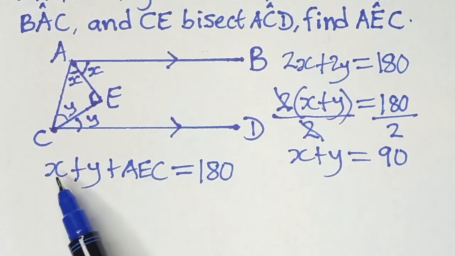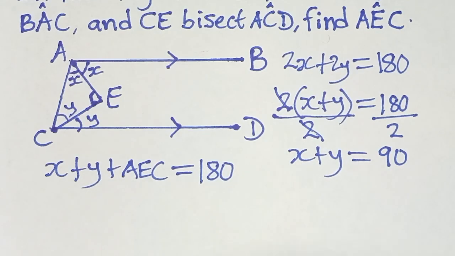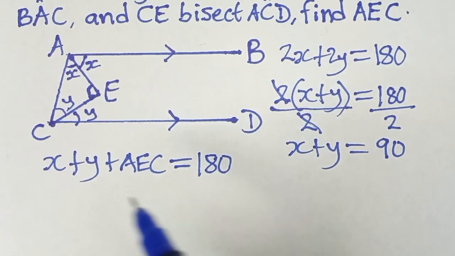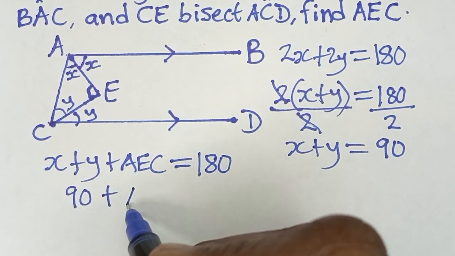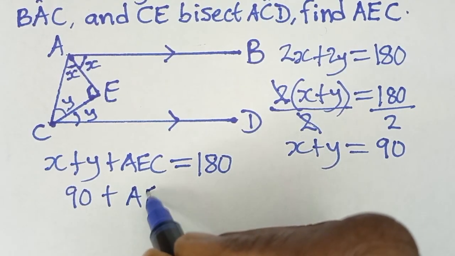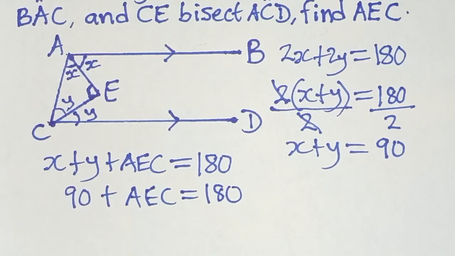But we already know the value of x plus y. See it here, the value of x plus y is 90. So in place of x plus y, I can simply write 90 degrees. So 90 plus the angle AEC that we're looking for is equal to 180.